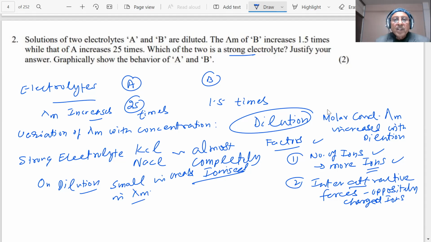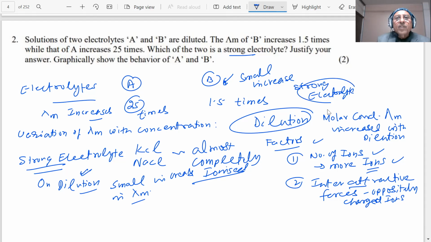So there will be a small increase on dilution in the case of strong electrolytes. So where is a small increase? 1.5. This is a small increase. So it should be the strong electrolyte, student. One question is answered here. So what we are saying, B is a stronger electrolyte, student.